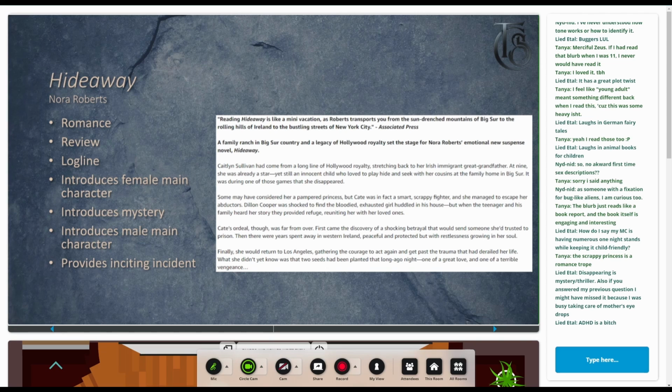Again, tropes are not your enemy. They aren't the same as cliches, so recognizing them does not make this book any less good. I really enjoy Nora Roberts' writing, so I'm sure this is written brilliantly.